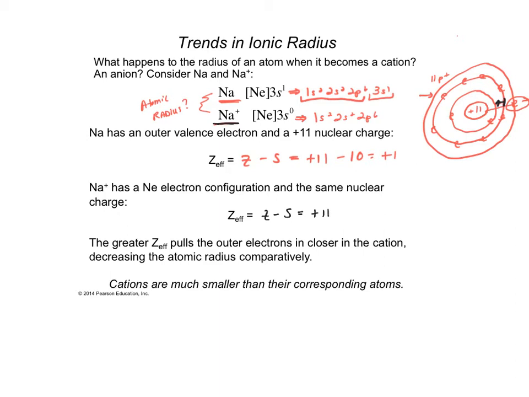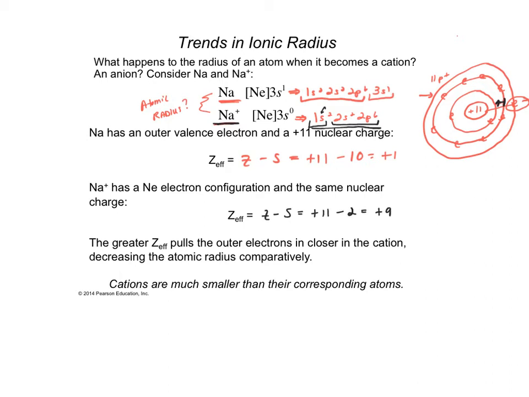So this would still be +11 because it still has 11 protons in the nucleus, but now who are the core electrons? We look at the electron configuration for sodium 1+. The core electrons are now just these guys. These are our valence electrons. These are the electrons in the outermost principal energy level. And so for core electrons, we only have 2 here.